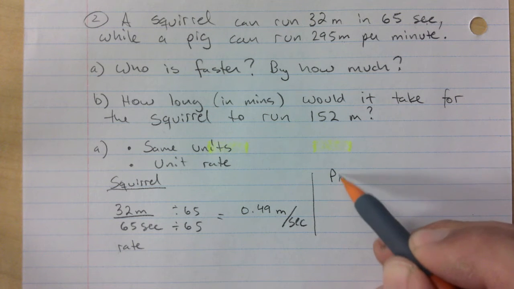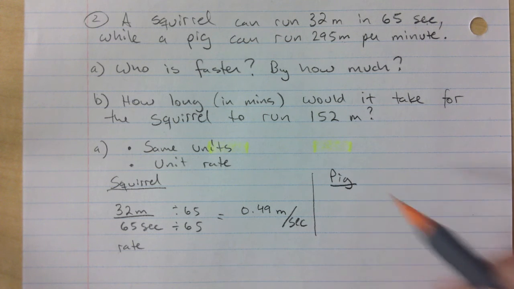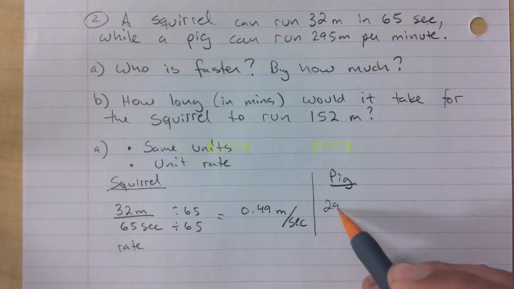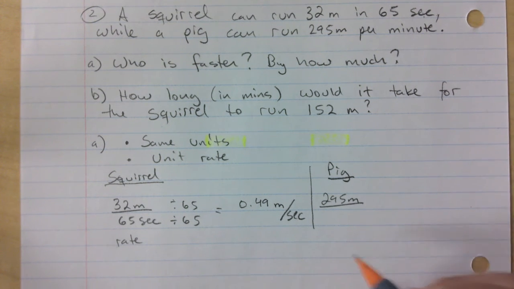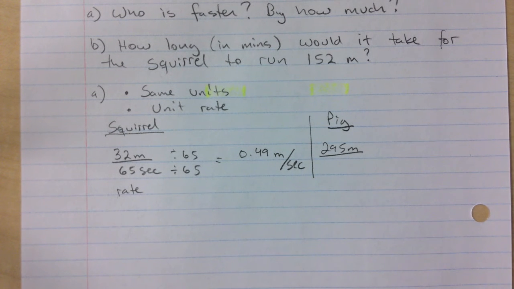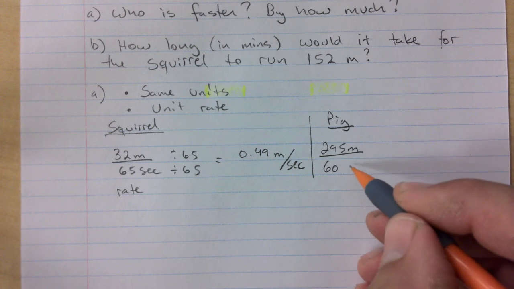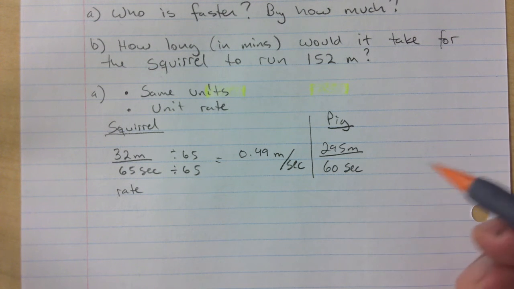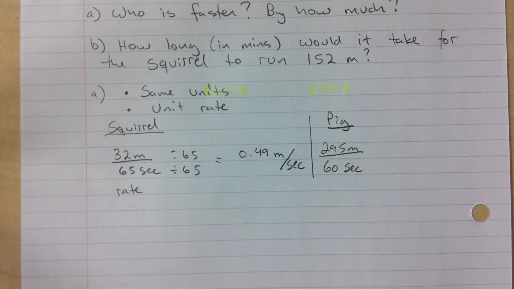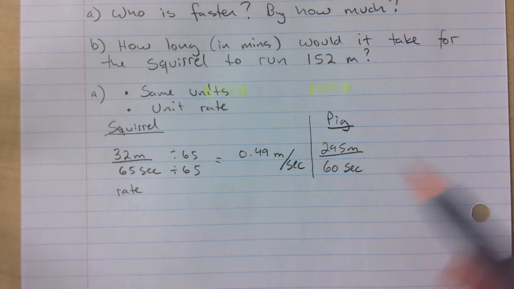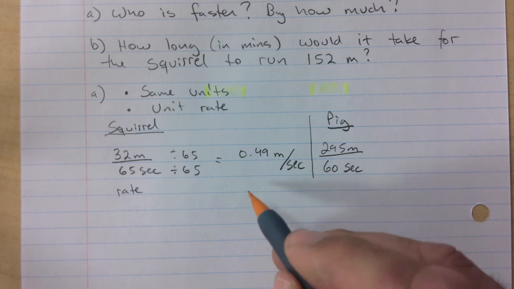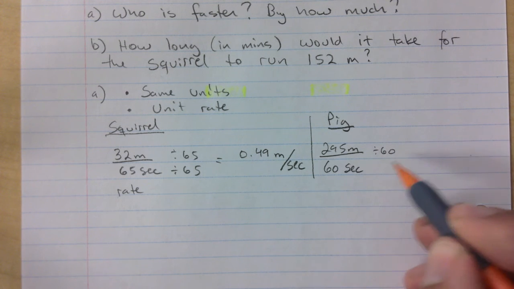Pig, you have 295 meters, and that takes 60 seconds, right? 1 minute, 60 seconds, right? So I won't even bother writing down 1 minute. It's already in the same units. So all I'm going to do is divide both of them by 60.